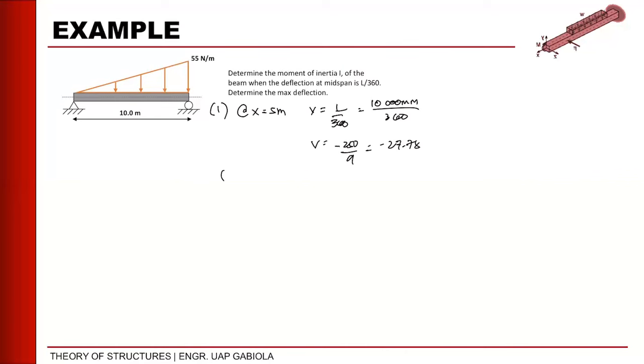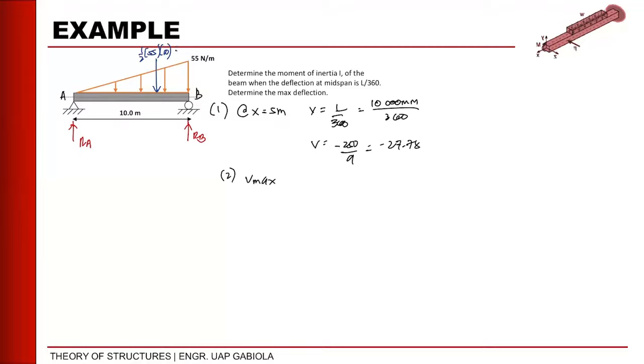Second, we need to identify our Vmax. That's what is being asked. Okay? So here, we need to calculate our support reactions. So we have our RA and RB here. Then for a triangular section, we have here 1/2 times 55 times 10.